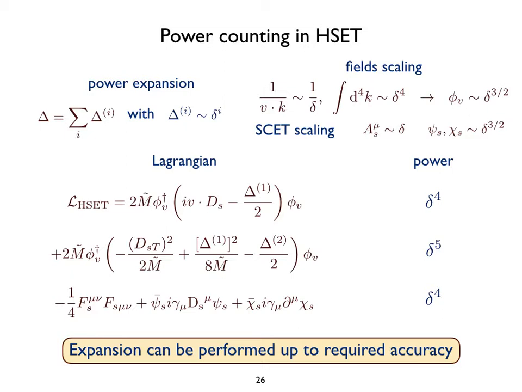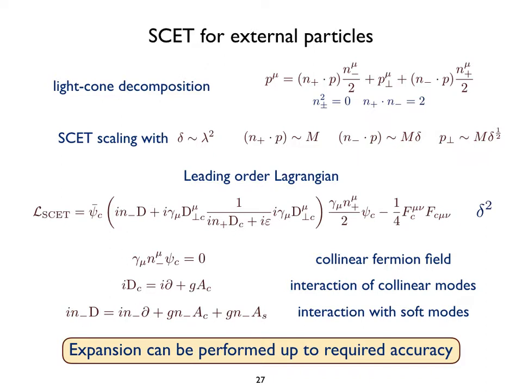Let's move on to the physics of external fermions. To describe a charged fermion moving with a large momentum p along some direction n-, we need a collinear mode. The collinear momentum has a soft collinear effective theory scaling.